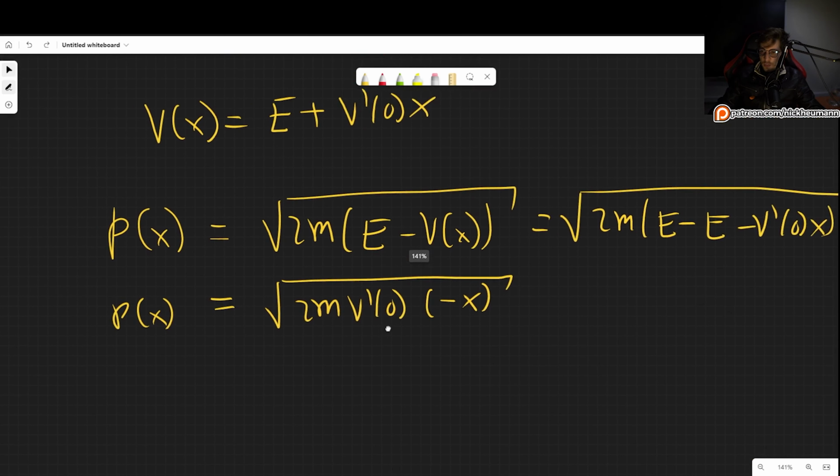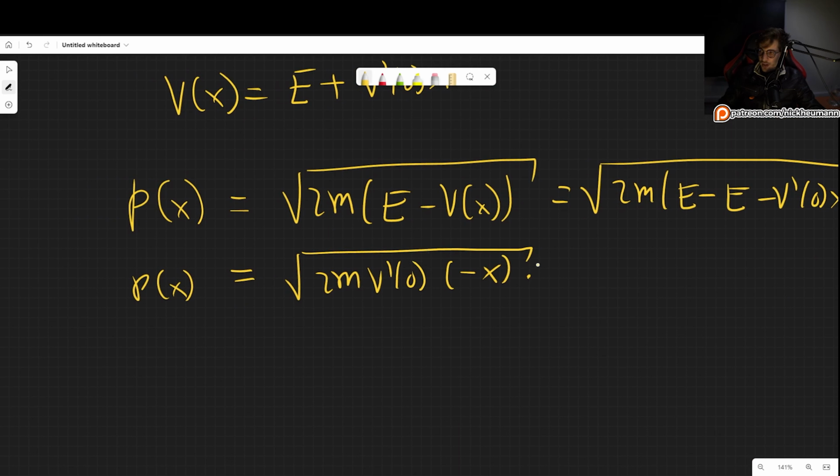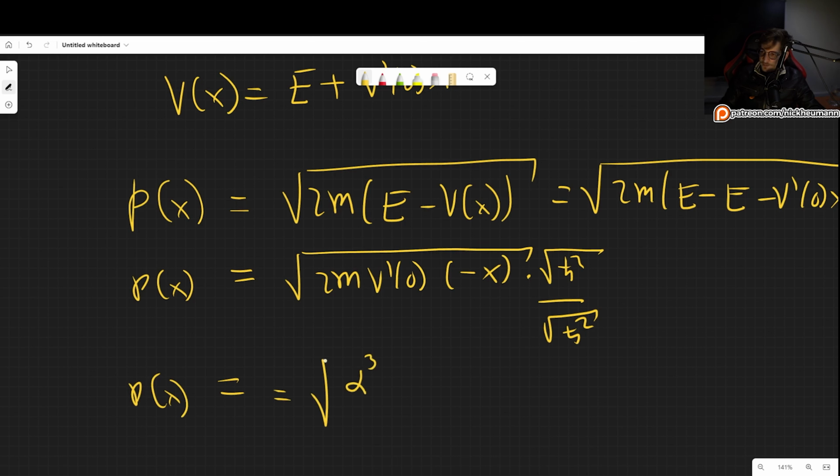So if we multiply and divide by h bar squared, so times the square root of h bar squared, we get that the momentum is, here we have our alpha cubed, and then we have minus x, and we still have an h bar that we can just take outside. So basically, this is h bar alpha to the 3/2, and then minus x to the 1/2.